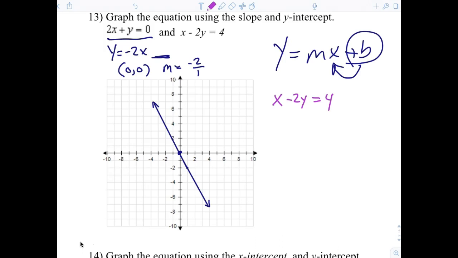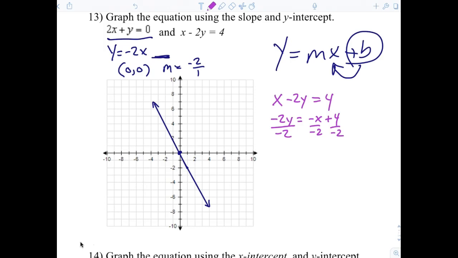So I want everybody to write down negative 2y equals negative x plus 4. Notice I'm keeping the x in front of the constant because that's where it goes. And now what do we do? Divide by negative 2.